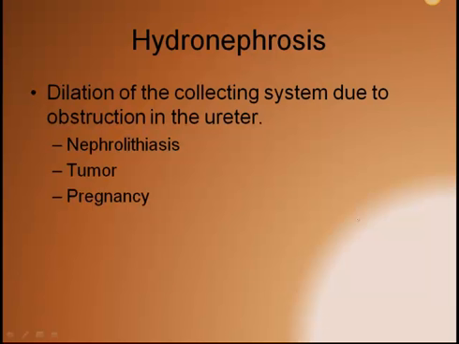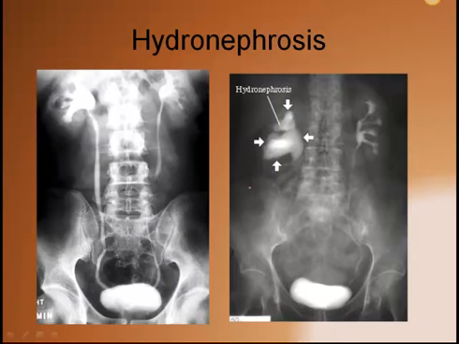Any of these things can do it. You can have hydronephrosis on one side, or bilateral hydronephrosis on both sides. When it happens on both sides, you reasonably can expect there's something going on in the lower urinary tract. If it's happening on one side, then it's either the kidney or the ureter.